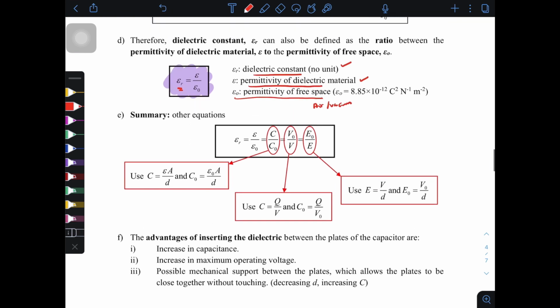So in other words, epsilon R ada 4 formula. The first one, epsilon over epsilon naught, C over C naught, V naught over V, and E naught over E. So you make sure kamu tak tertukar, yang ini epsilon naught dan C naught di atas, ini V dan E di bawah.